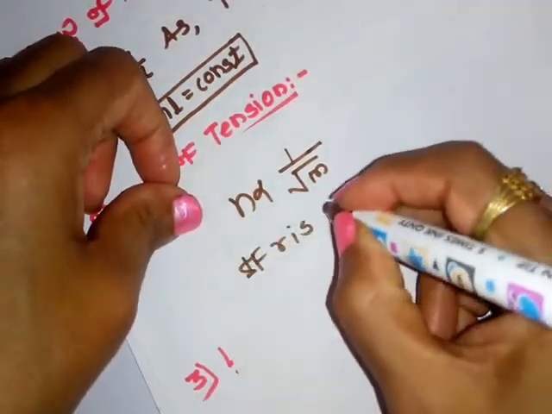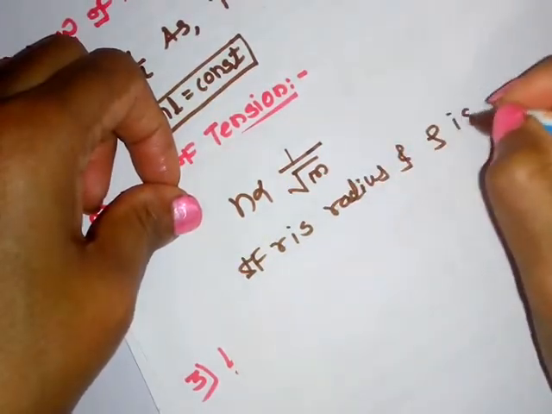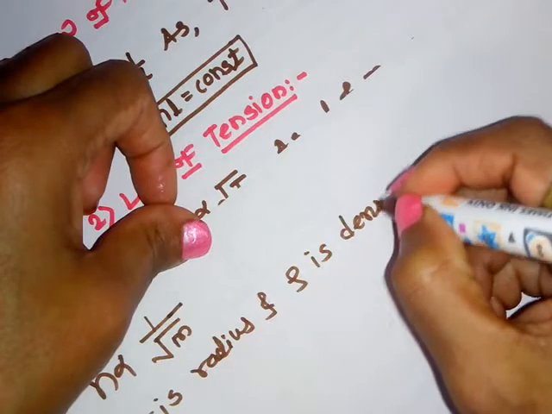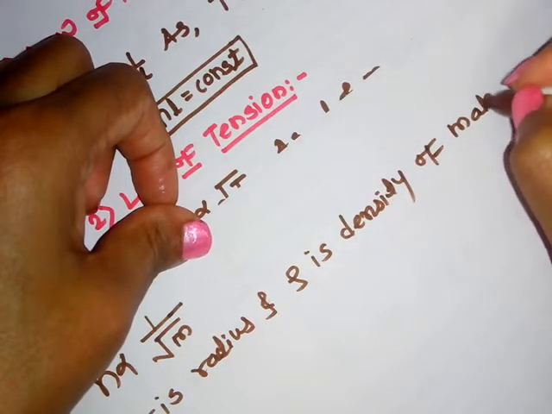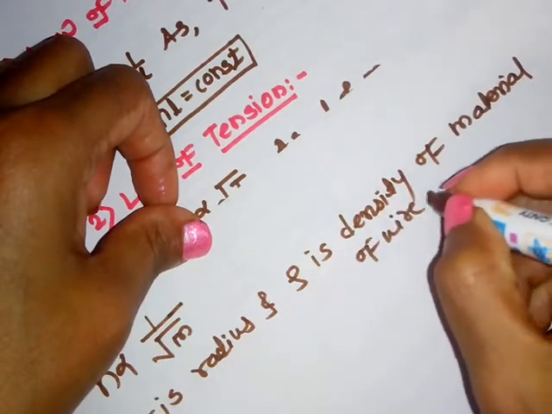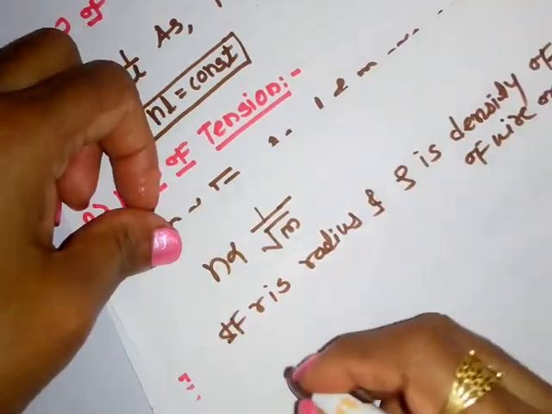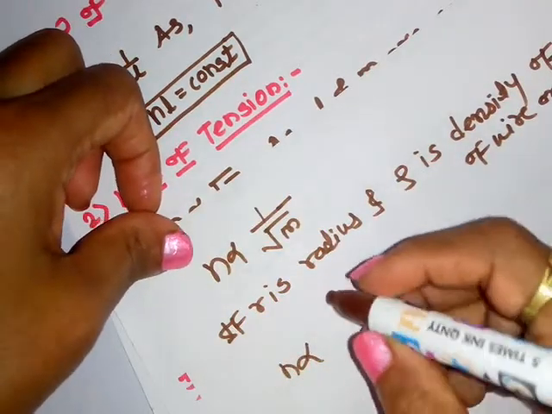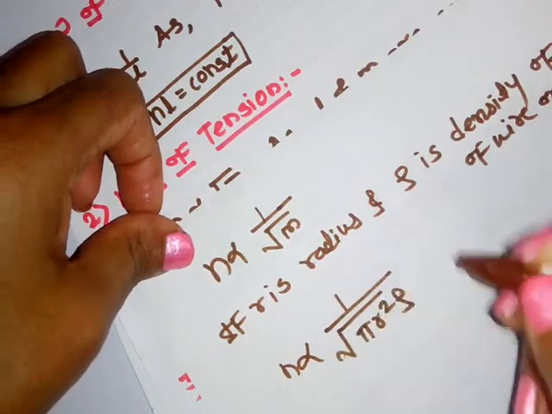r is the radius and rho is the density of the material of the wire or string, then this formula can be given as n is inversely proportional to under root of pi r square rho.